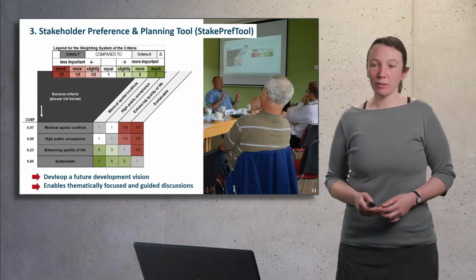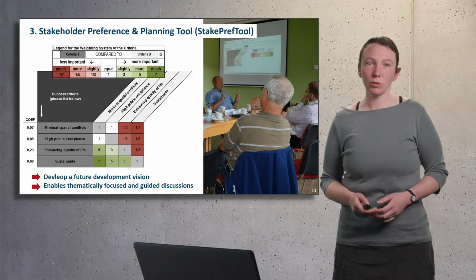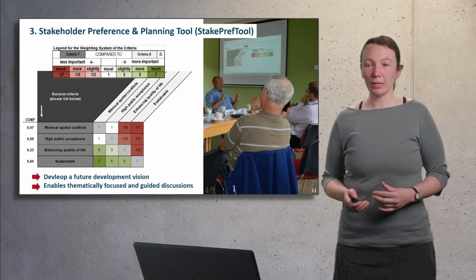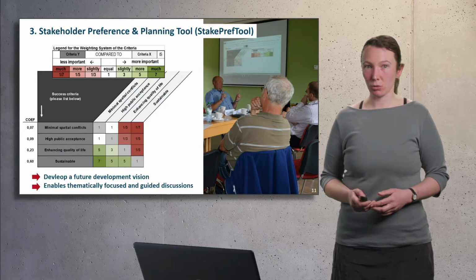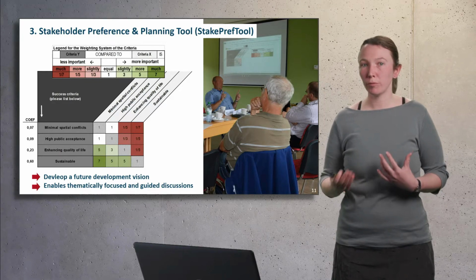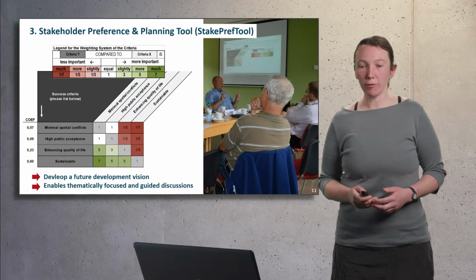Another tool is the stakeholder preference and planning tool. And this tool is used to develop a future development vision by choosing different success criteria. And these are criteria that should be fulfilled in the end of the implementation of a measure.